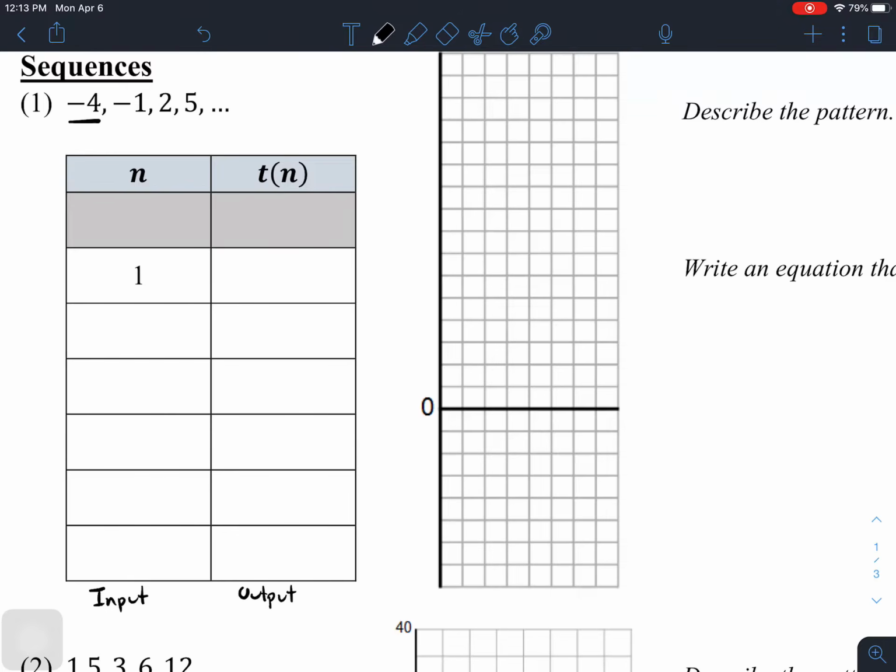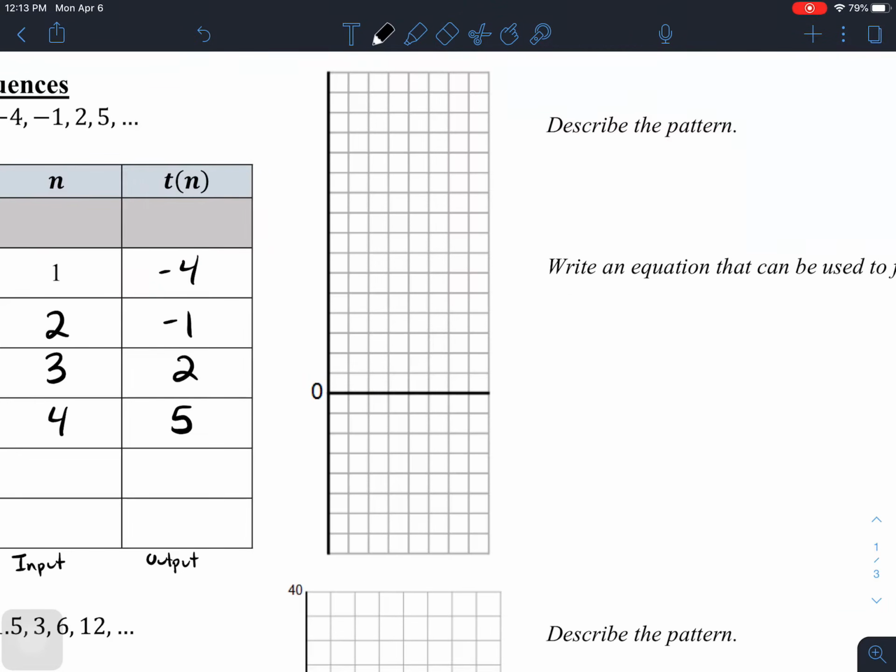The first position, the term number 1, has the value -4. The second position is -1. The third position is 2. The fourth position is 5. So we look at it based off position and the value at that position. And so that's our sequence.